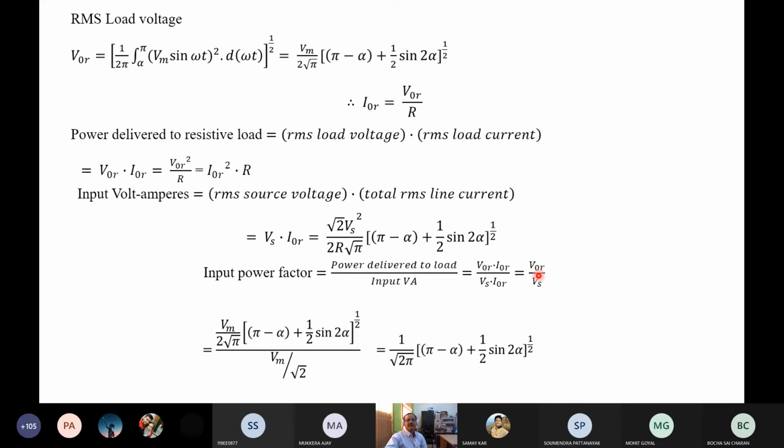This cancels, so we get Vor by Vs. Vor we have derived, and Vs is Vm by root 2. We'll get this as the input power factor of a half wave rectifier with resistive load.